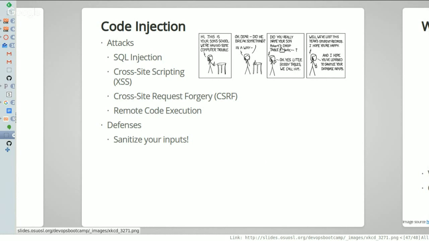And then she finishes that query, starts a new query that says drop table students, and then finishes the SQL statement. So she's assuming that they have a table named students, and that they are not properly sanitizing their data, all of which end up being true, and they end up losing the entire database of their students.